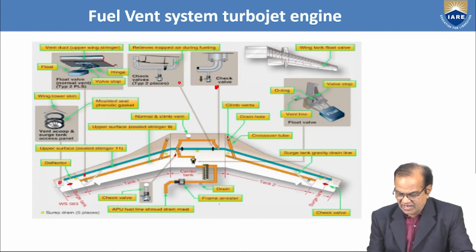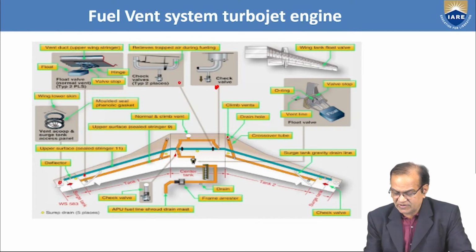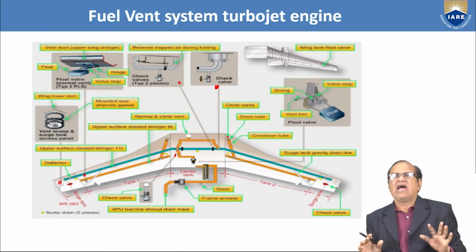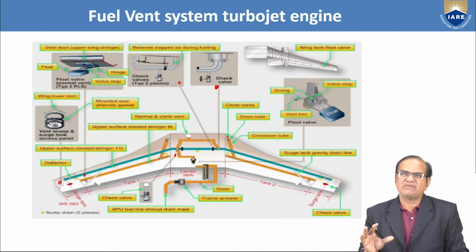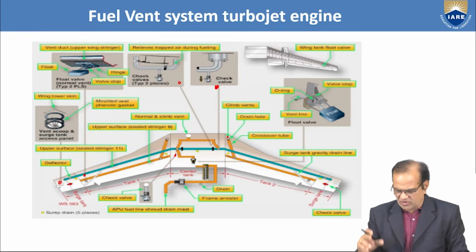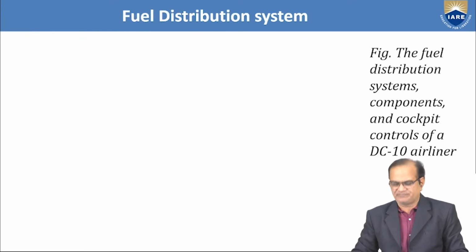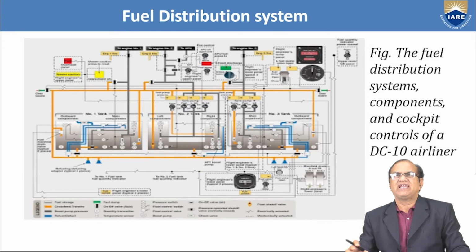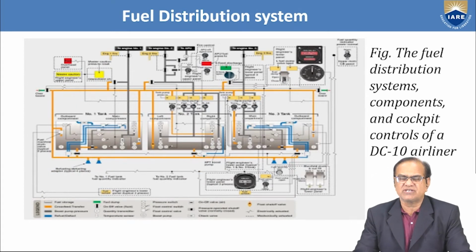This is the drain, and these are the check valves. Here we have the valve stop, O-rings, vent, wing tank, float valve. This is a representation of the different parts used in the fuel tank vent system. Another one is the fuel distribution system.